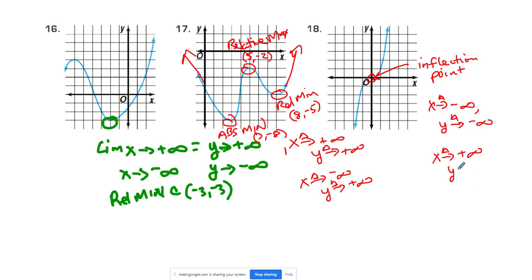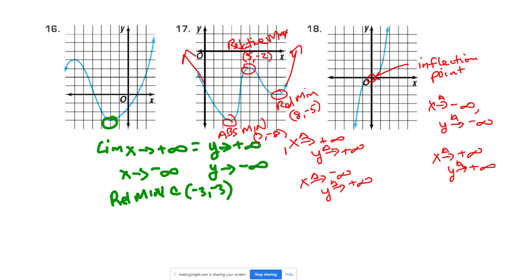Y gets bigger and bigger. I've intentionally mixed the notation a little bit just to get the idea across. There's not just one right way to write this, but right now we just want to think about what's going on trend-wise as x gets really big and really small, and notice any key points in the graph.